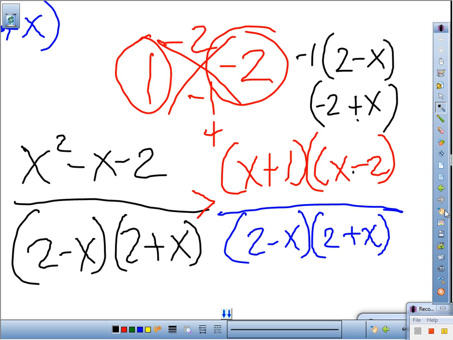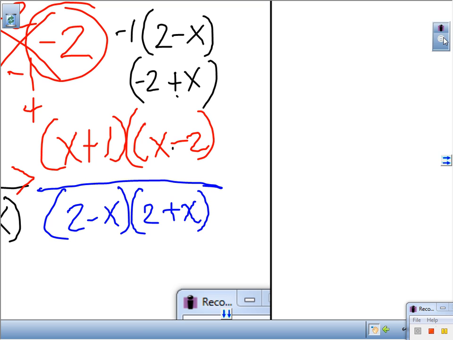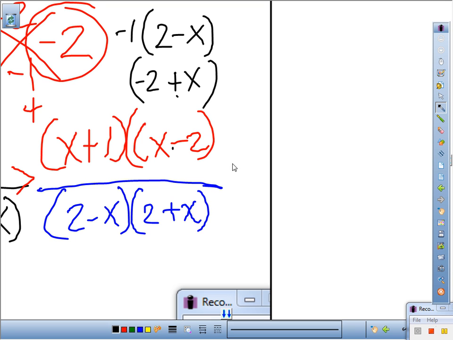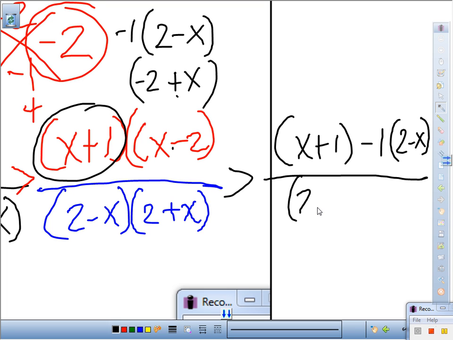Yes? All right. So let me scoot over this way. So what do I have in the numerator? I have this one, x plus 1. What else do I have? Negative 1 times 2 minus x. What do I have in the denominator? 2 minus x. And what else? 2 plus x.